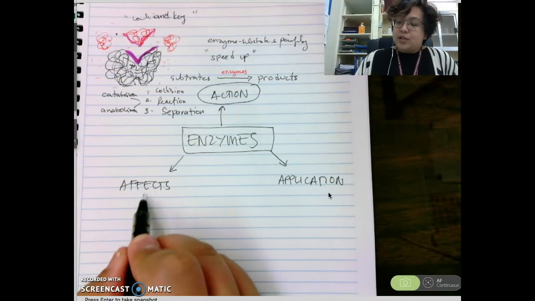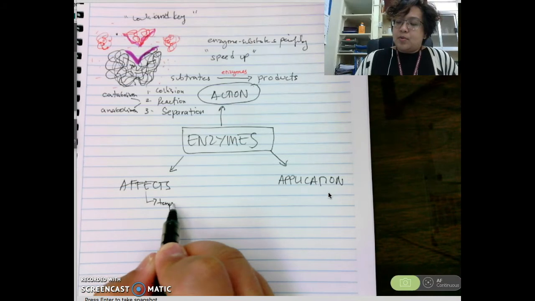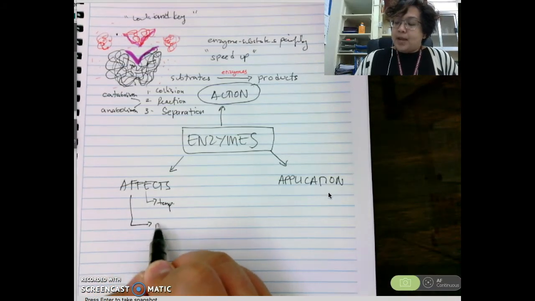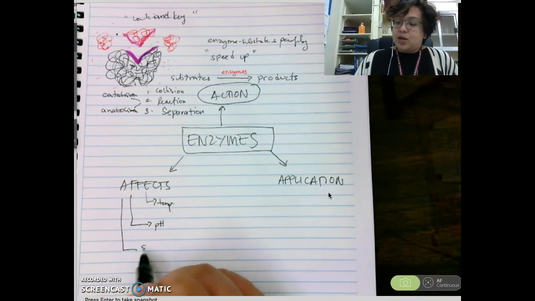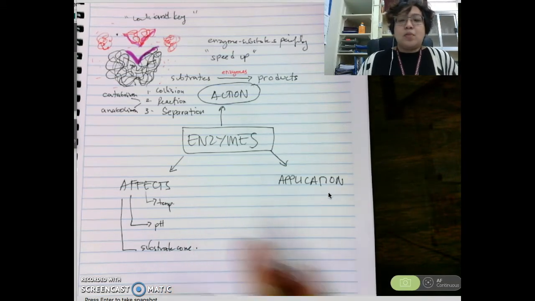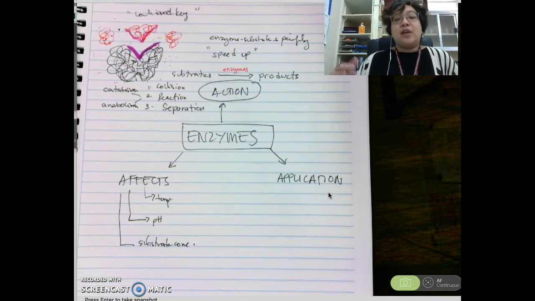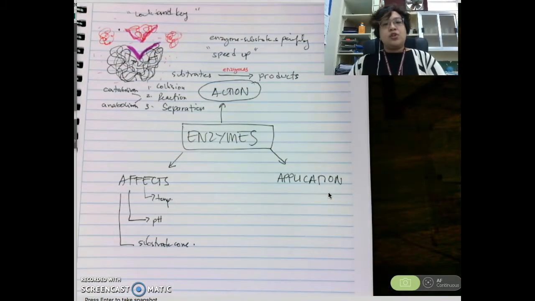So we have temperature, pH, and substrate concentration. To be able to understand this, all you need to remember is how to graphically show the relationship of these factors to the rate of reaction of a chemical reaction.